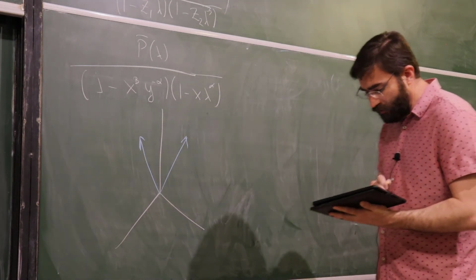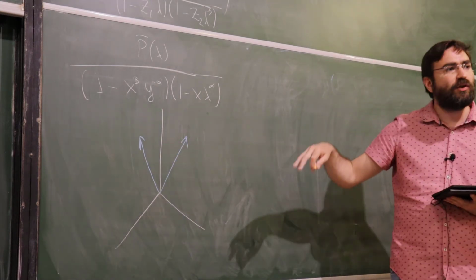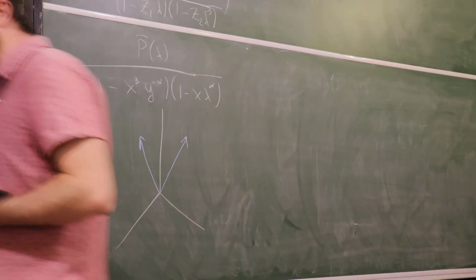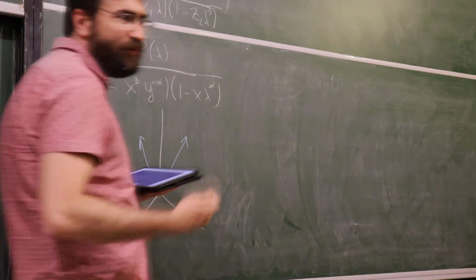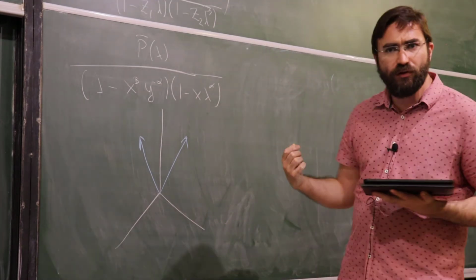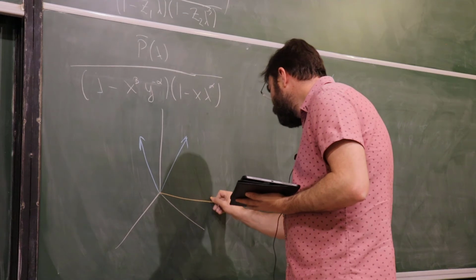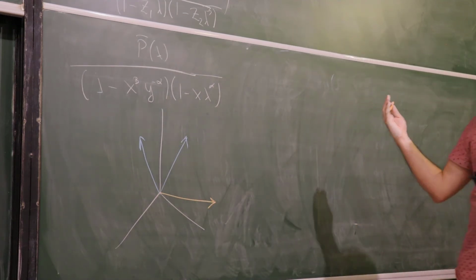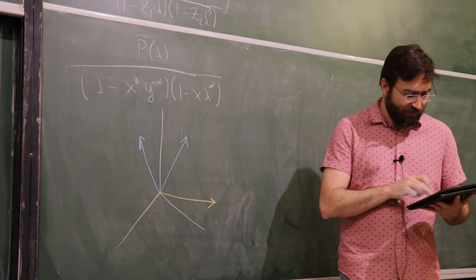Now, let's take the hyperplane that this cone defines. This is a two-dimensional cone in 3D, right? So it defines a hyperplane, and let's take the intersection of this hyperplane with the xy plane. It's the same game we played for the McMahon rules, right? So we will find some vector here. So this is the intersection of the hyperplane defined by the blue cone with the xy plane.